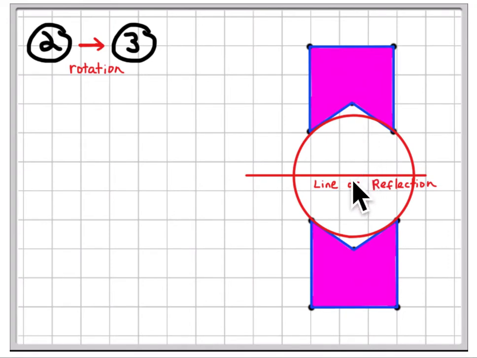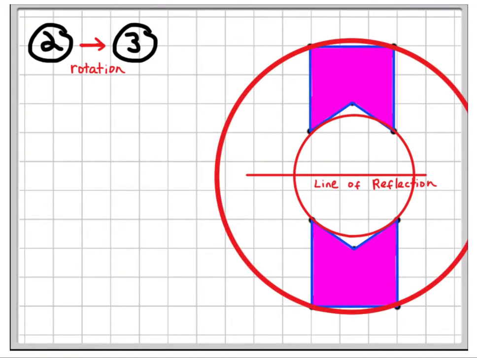All right. So if you draw the circle and make that circle go through these 2 points here and these 2 points down here. If you draw another circle around the 2 points that are the farthest apart, now you can control the size of the image as you rotate that image between those 2 circles around from the lower image to the upper image.